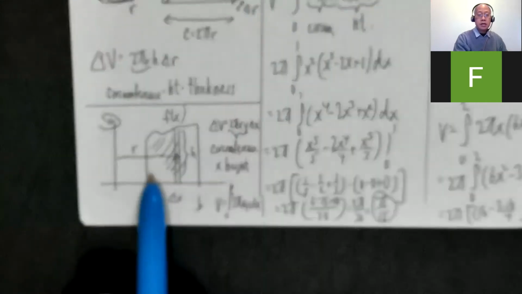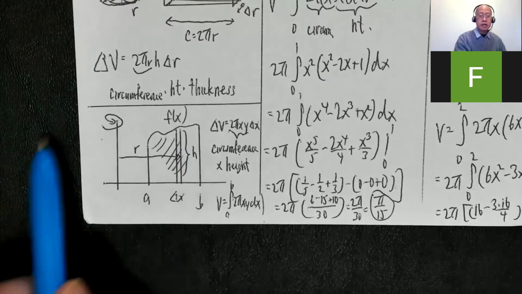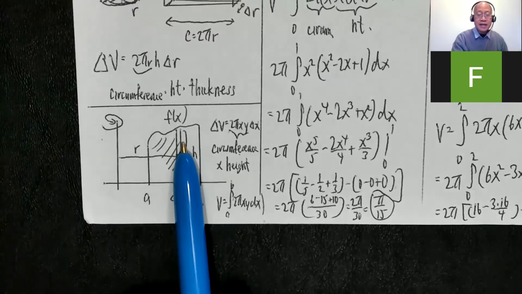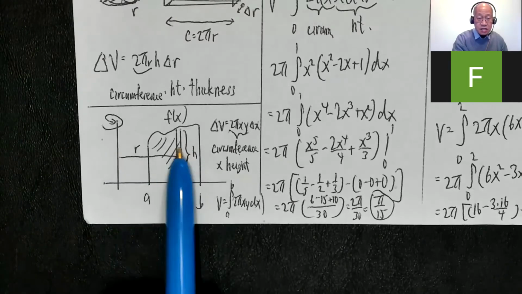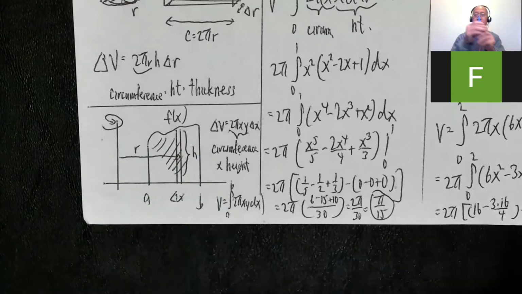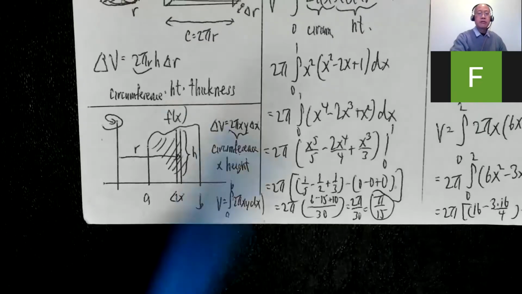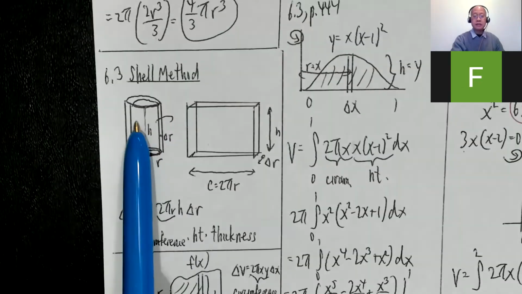Suppose I take the region bounded by f of x, the x-axis, x equals a and x equals b, and I spin it this way. This is not a disk. If I slice this way, delta y, and spin it around, I see a disk. But if I slice like this and spin it around, I don't see a disk. You're generating a shell, something like this.